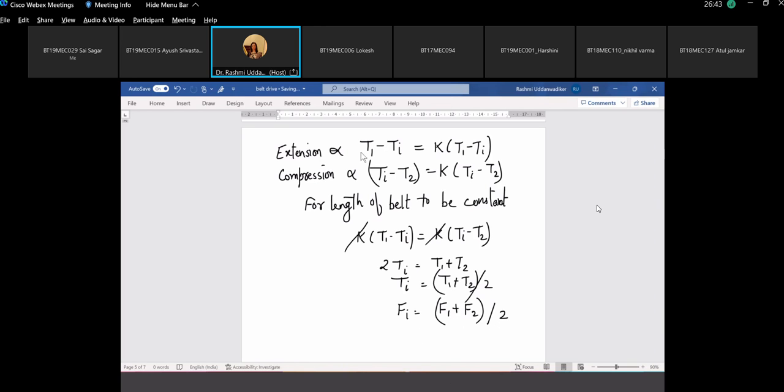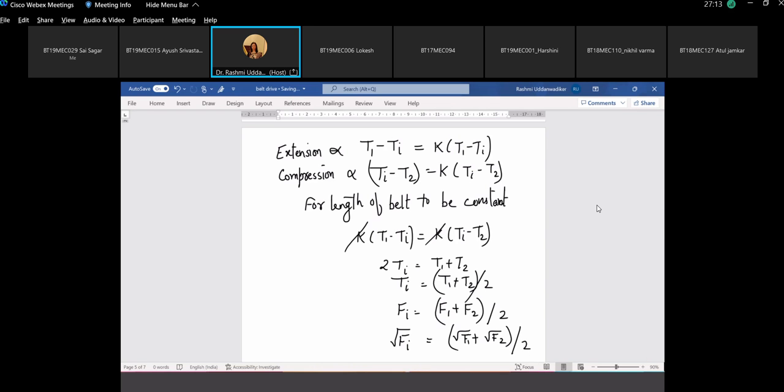and in other books you would get this extension is proportional to root over T1 minus root over Ti. On calculation it will not make much of a difference, but few books are giving this relationship: under root of initial tension is equal to the average of the square root of these two tensions, (root F1 plus root F2) by 2.